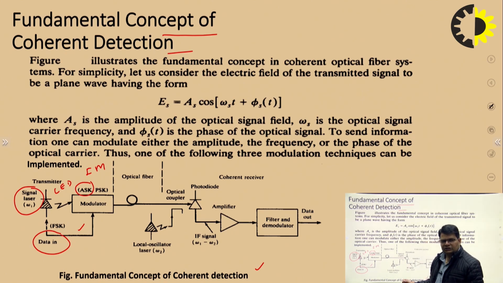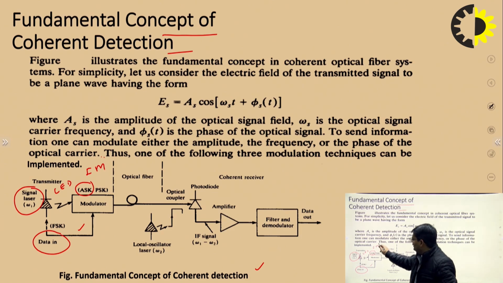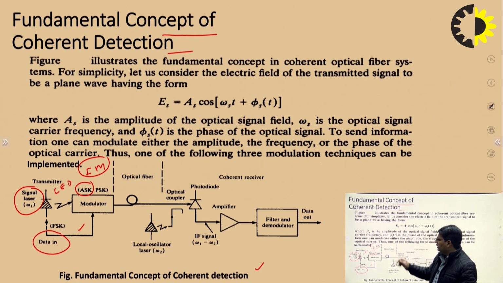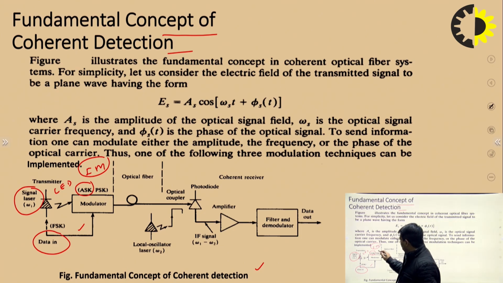But as discussed in the previous slides, in coherent detection, along with ASK, we can also use FSK and PSK, because at high data rates, the concept of only intensity modulation cannot be relied on. So we also take into consideration frequency as well as phase.